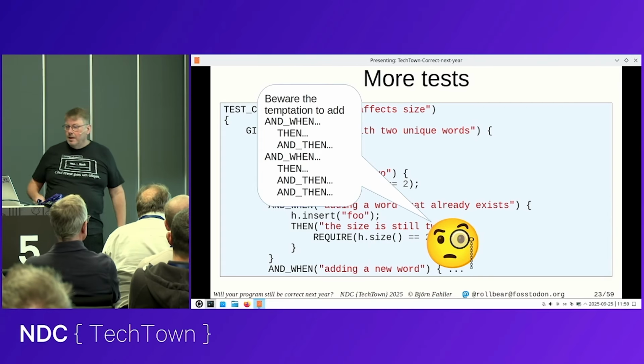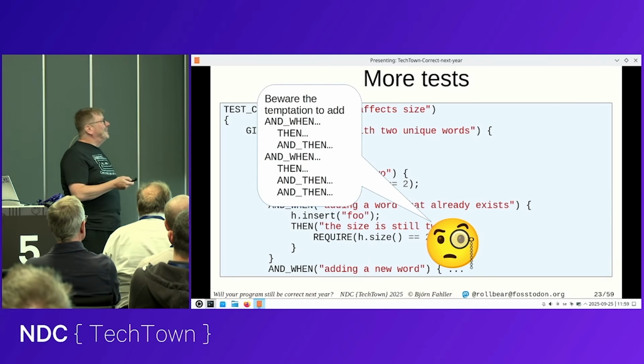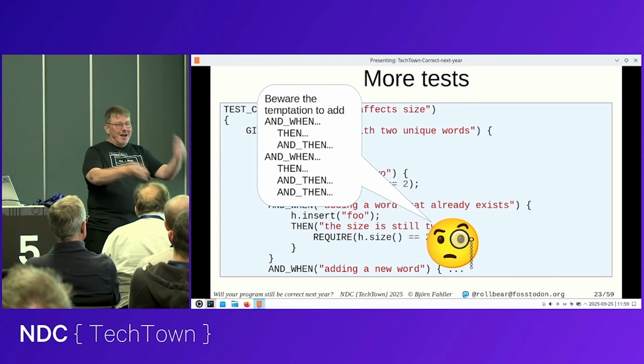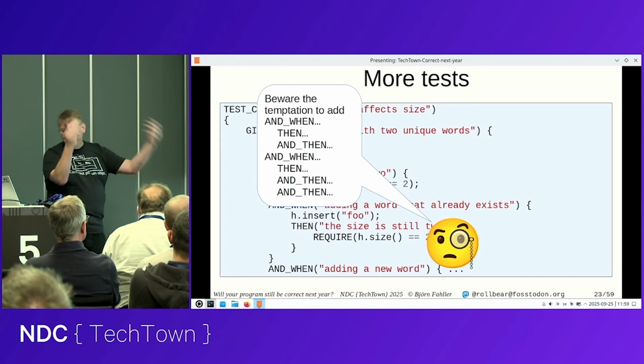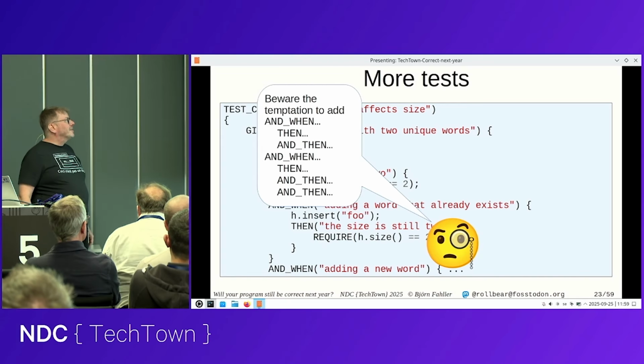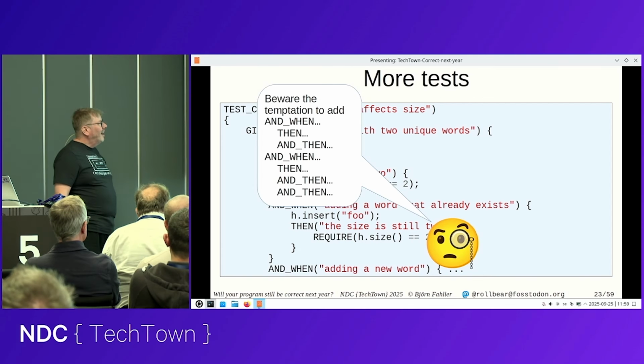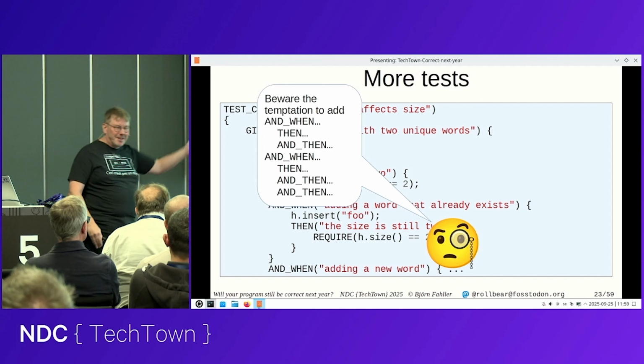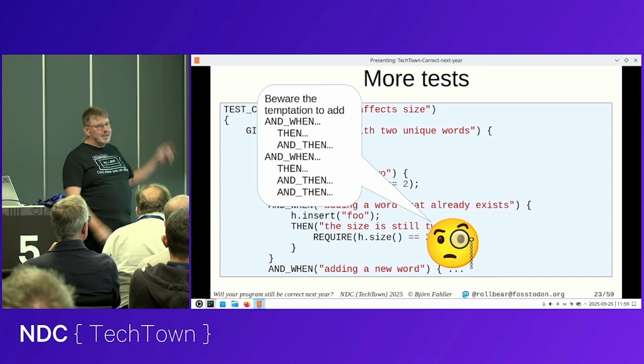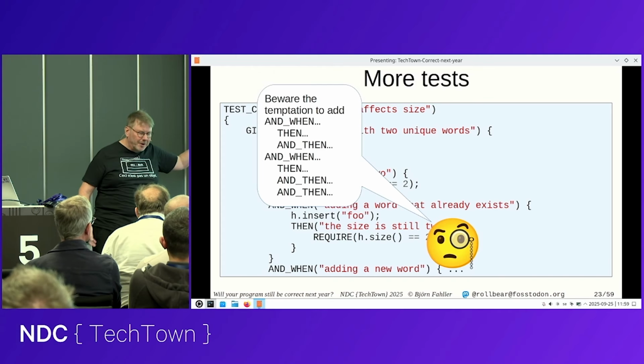However, beware the temptation to just add one more. It is so easy to just add another case and another case and another case, and suddenly you have a test case that is 2,500 lines long and no one can follow it.